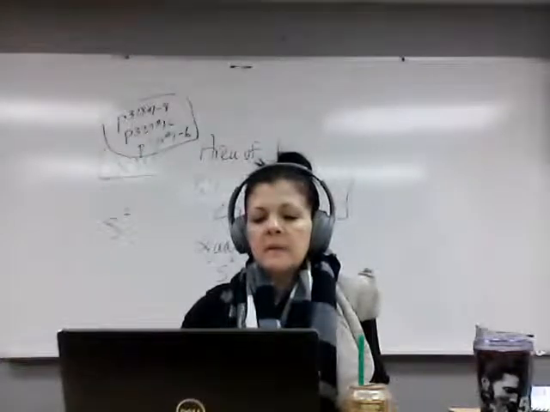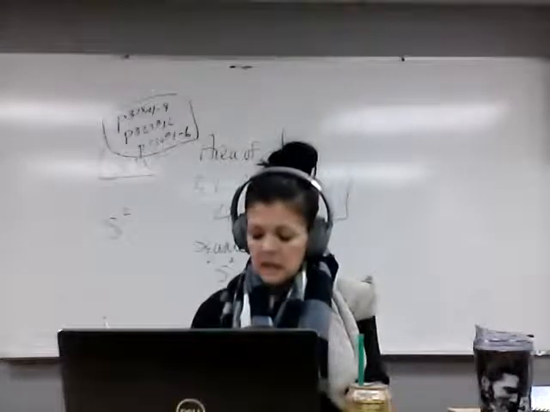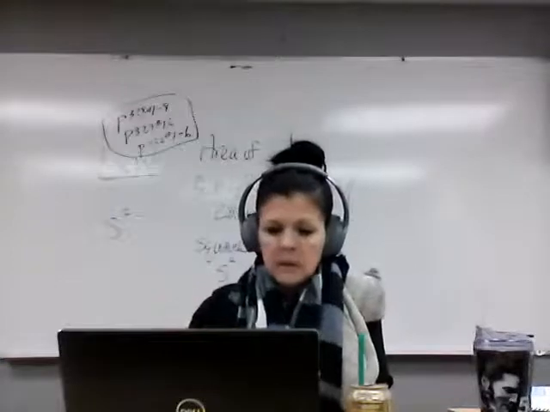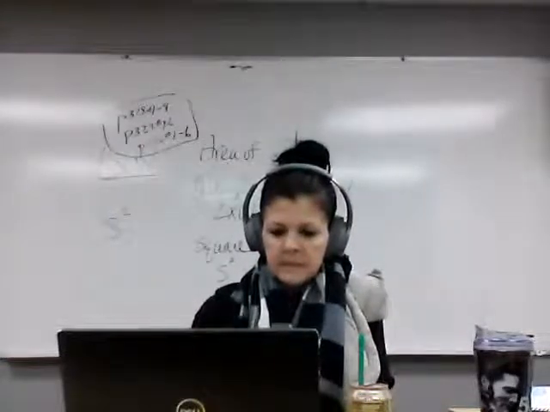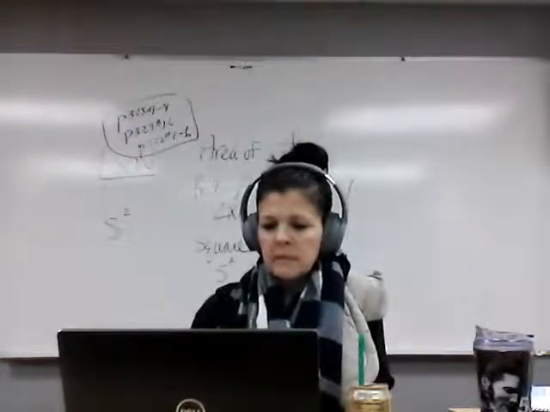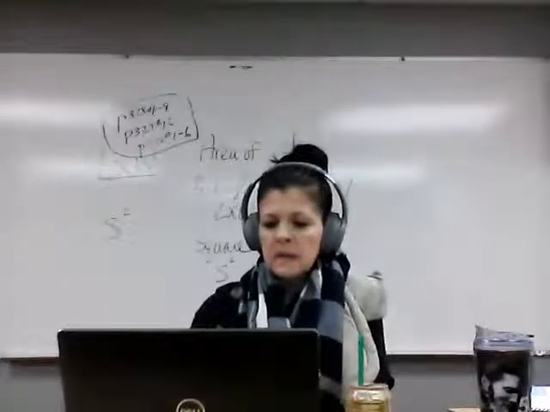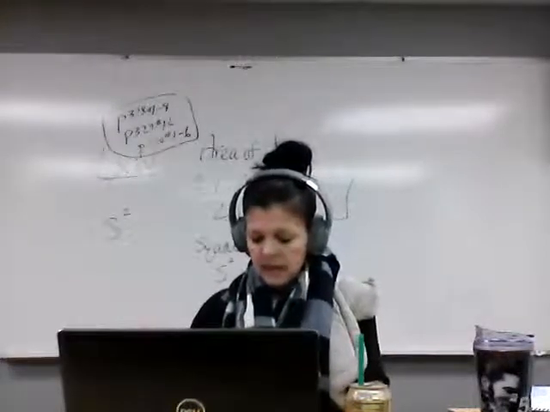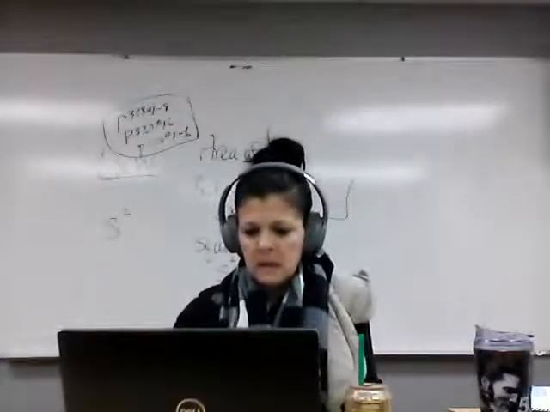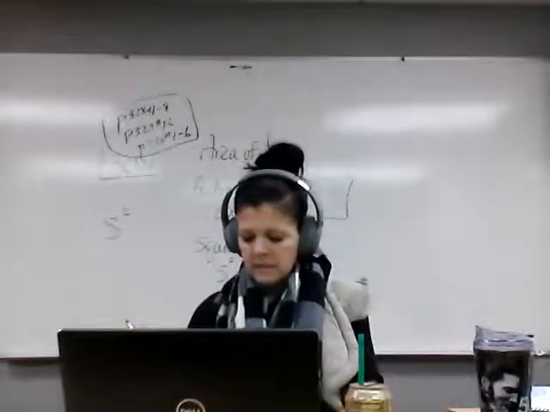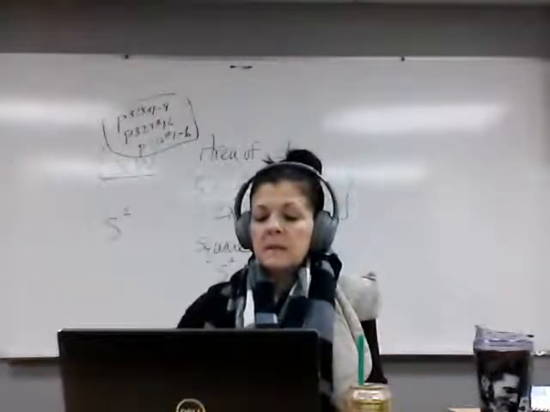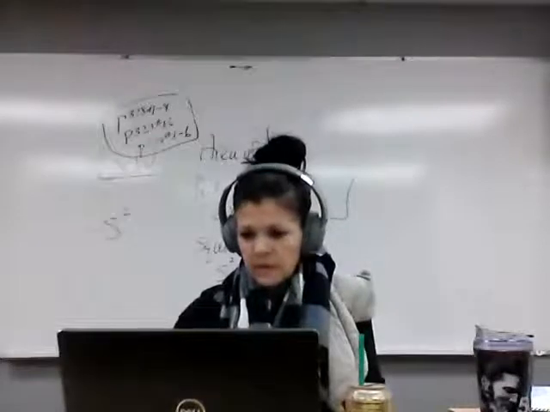Yep, 2 times pi times 3, so 6 pi. And then you can leave it at 6 pi. Now we're going to find the lateral, which is the circumference times the height. So what's my circumference? 6 pi. Now what was my height? The height is 6, good. So then what is my lateral surface area? What's 6 times 6? So 36 pi.